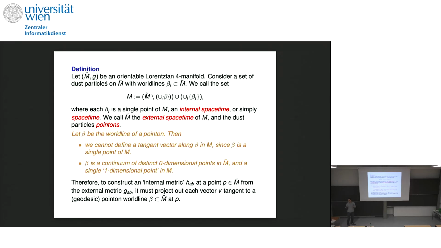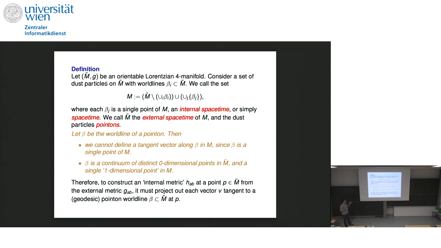But in this case, we're not doing that. We don't throw away M tilde in constructing M. So M tilde is our four-dimensional, just Lorentzian four-manifold, and M is our new geometry.